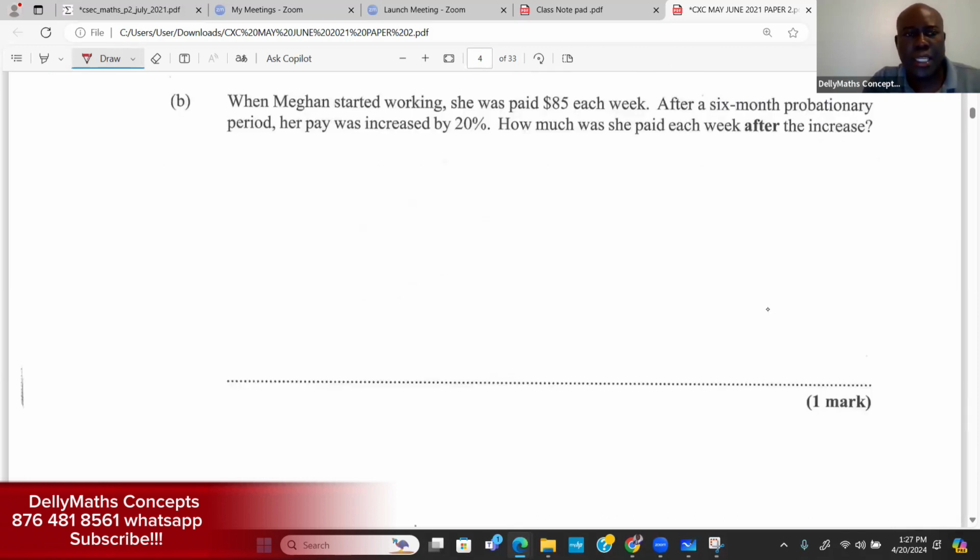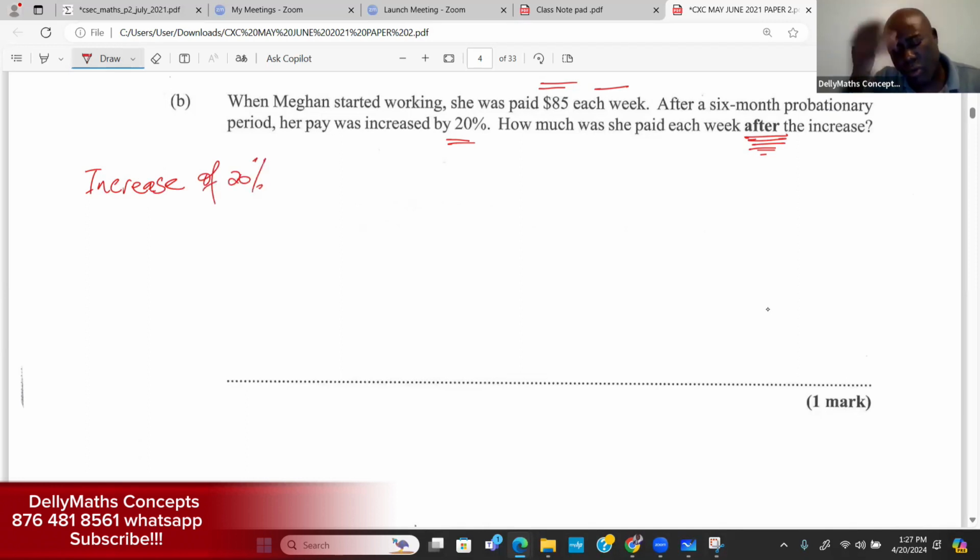1B. It says, when Megan started working, she was paid $85 each week. After a 6-month probational period, her pay increased by 20%. How much was she paid each week after? So this is after the 20% raise. Basically there has been an increase, so we want to establish the fact that there has been an increase of 20%.